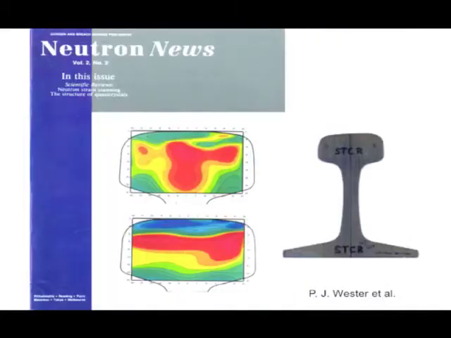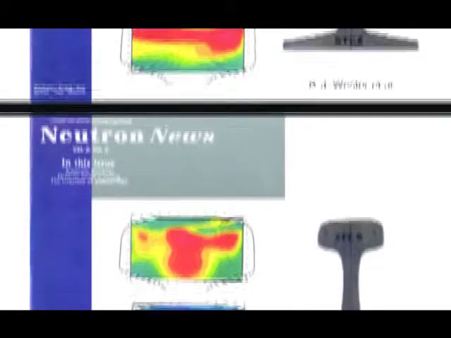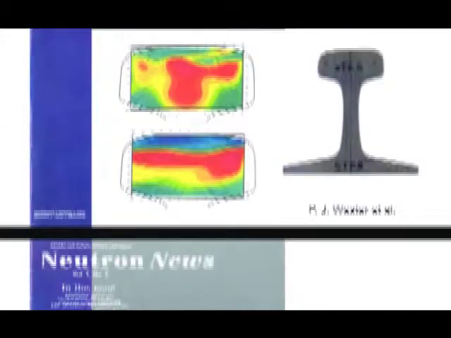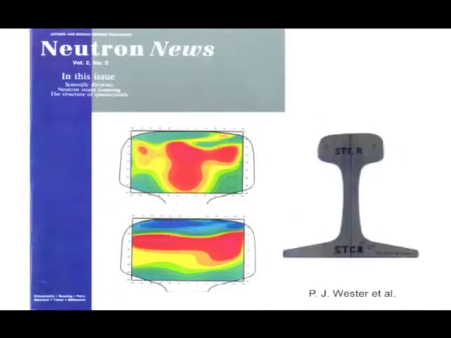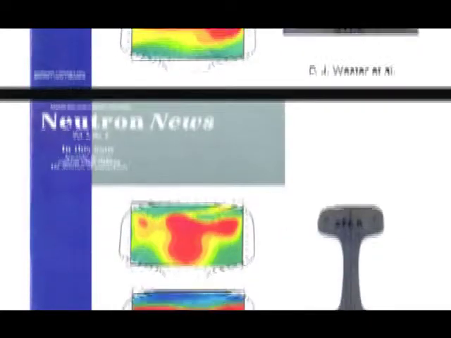This work was done at ILL on the old D1A diffractometer by Peter Webster on a piece of railway head. I think this is where the railway lines comes from. And this is the first time that residual stress was mapped in a significant engineering object.